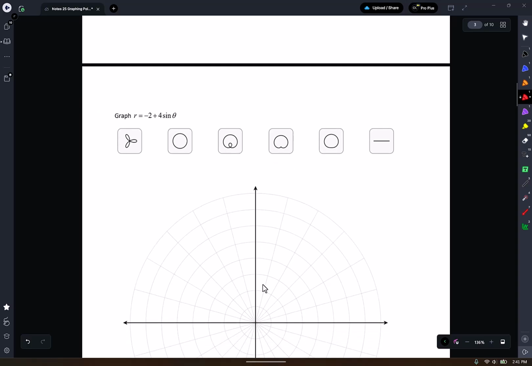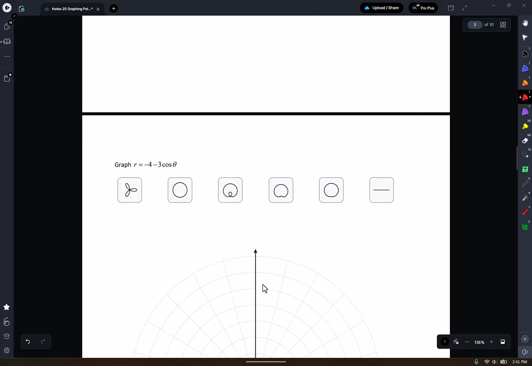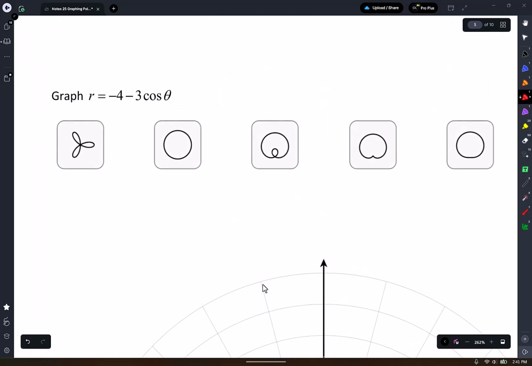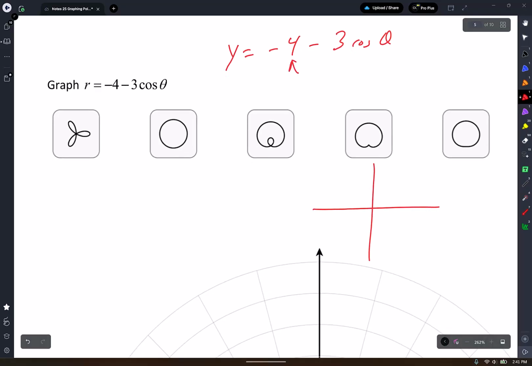Let me move to one that does not have one. That one has it. That one has petals. Look at this one right here. Just look at it. If I were to say y equals negative 4 minus 3 cosine theta, this is like a midline. So this is like saying negative 4 is down here. This is my amplitude.